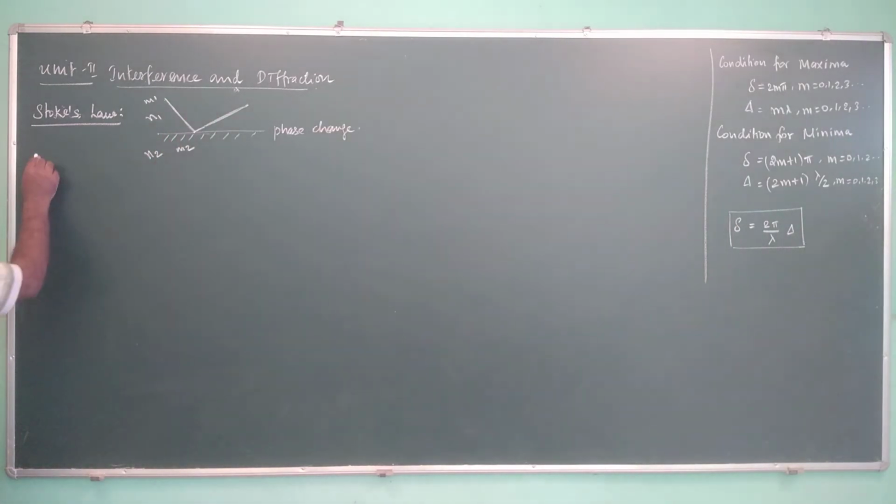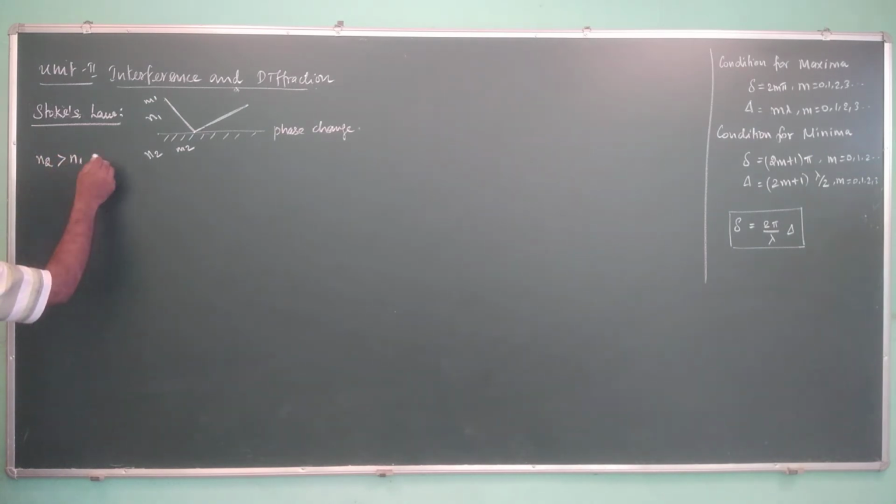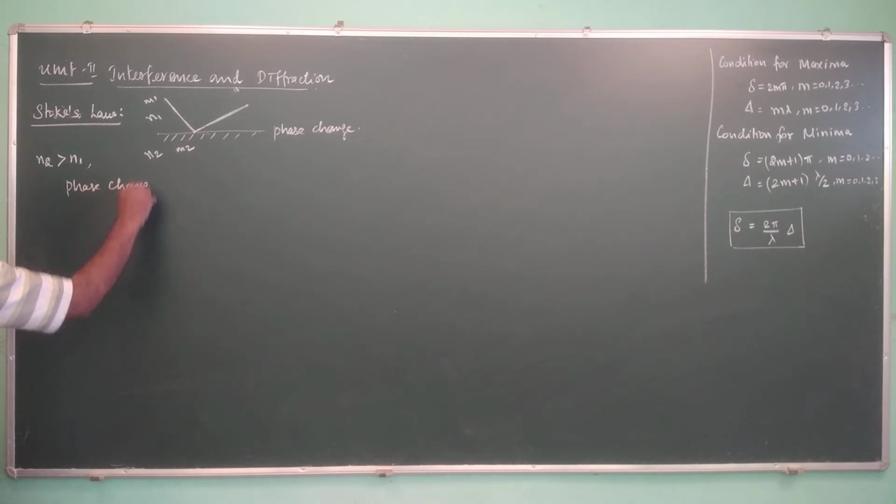When n2 is greater than n1, the reflected ray will have a phase change of pi.